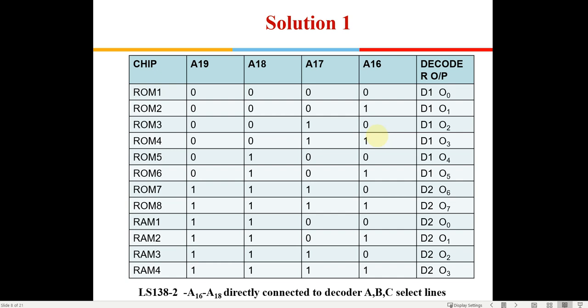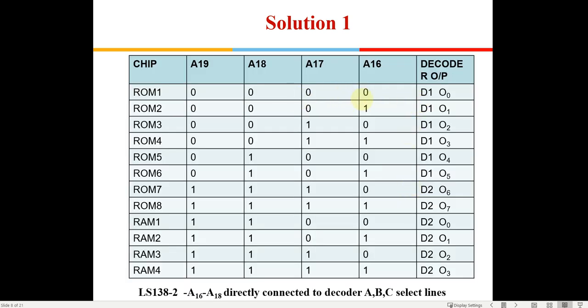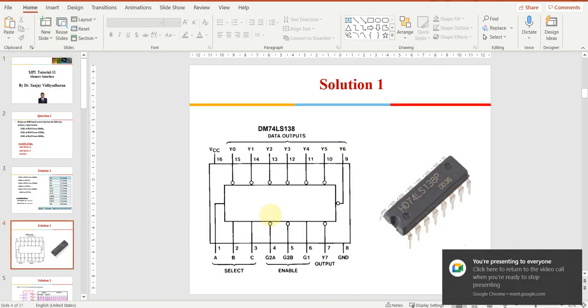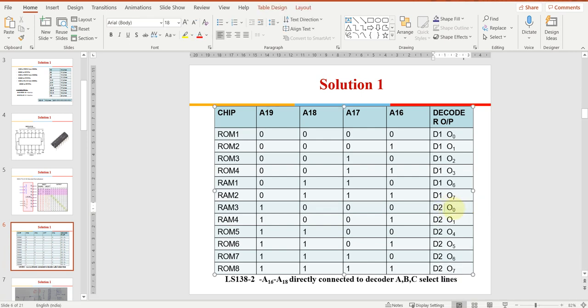Let me fix an error I made out here. This is going to be 0, 1, 2, 3, 4. Let me make this change for you. 0 to 7 is going to be D1.